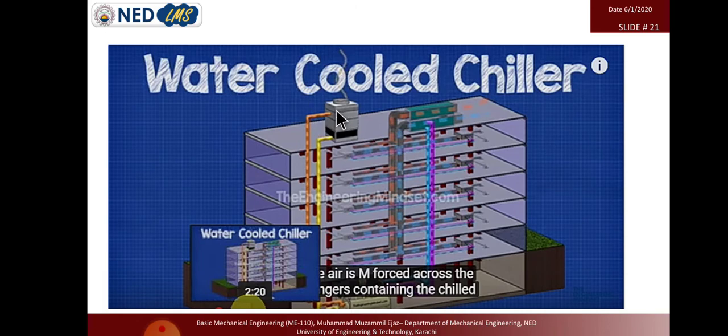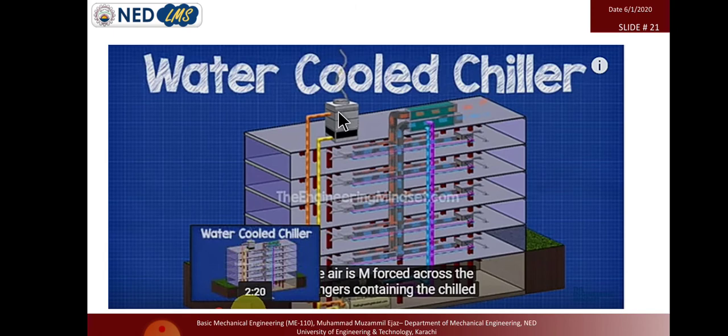When it sprinkles from the top of the cooling tower, it spreads, and due to the evaporation process, like when you spill water on the floor, after some time the water evaporates, and due to the evaporation you have a cooling effect.